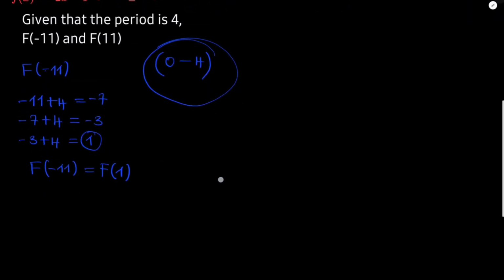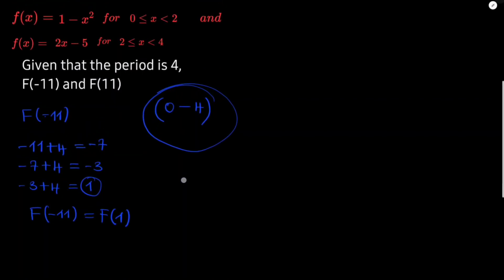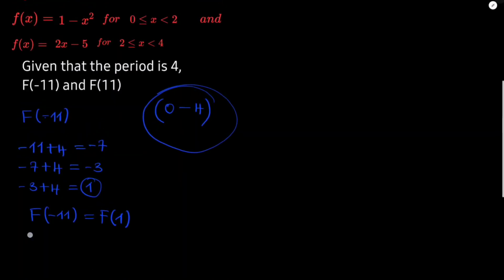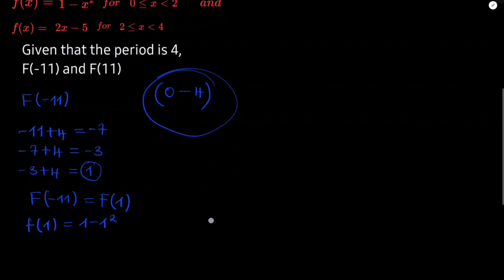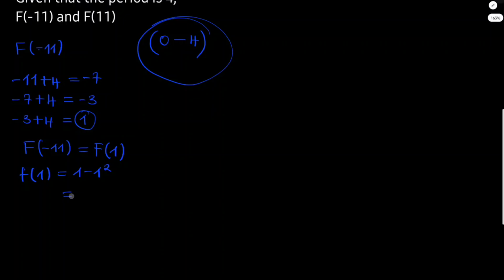Now we substitute 1 into the first function. We have f of 1 equal to 1 minus 1 squared, which is 1 minus 1. This gives us 0. So we can conclude that f of minus 11 is equal to 0.